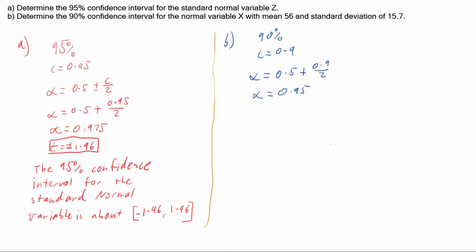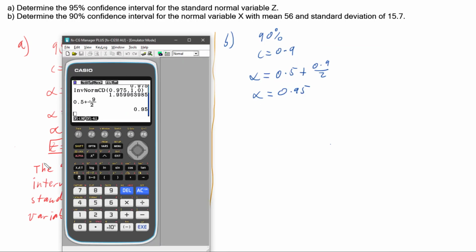So now we've got to get our z-score. We go back to our calculator, to stat, distribution, normal, inverse normal menu, and put in our 0.95.